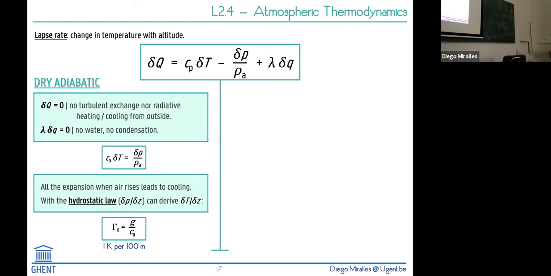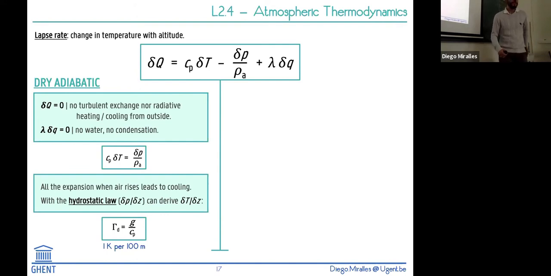So the only thing you need to do is take the first thermodynamic law, take out the terms that you don't care about, no exchanges from outside, no phase changes, and then you substitute the change in pressure from the hydrostatic law, and you get 1 Kelvin per 100 meters. You can do it at home if you want, but it's straightforward.